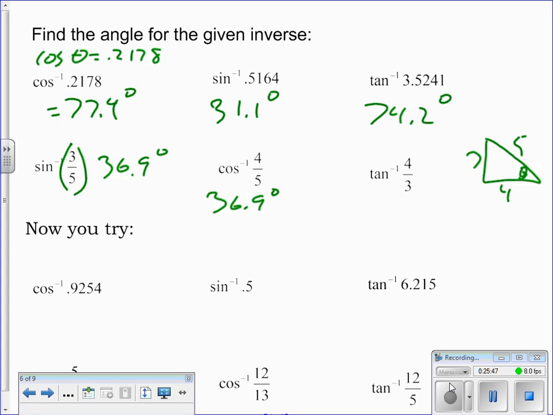Inverse tangent of 4 divided by 3, 53.1. 53.1 plus 36.9 adds up to 90 degrees. Okay. Questions?